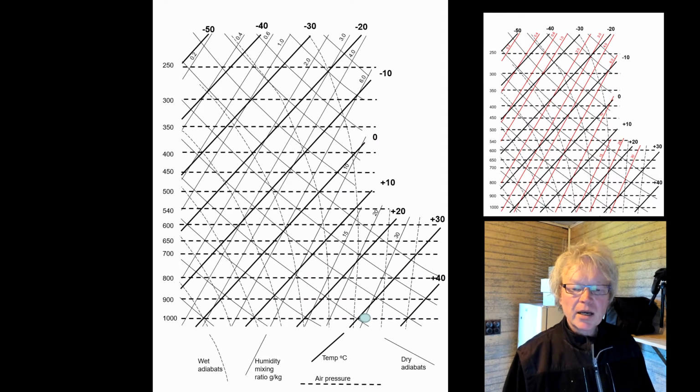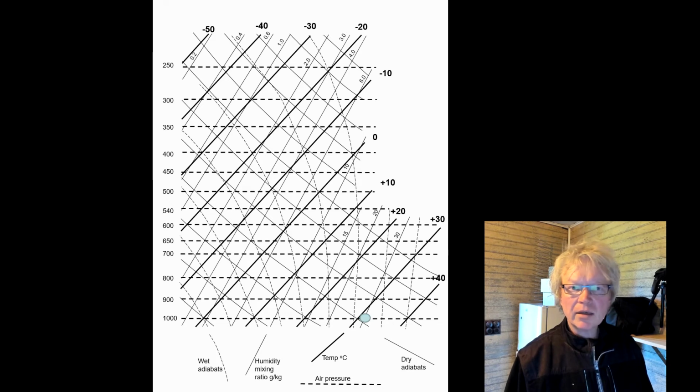So let's start off with an air parcel at 32 degrees. Remember, 32 degrees, we can read that off our temperature lines. And put on our dry adiabats and our saturated adiabats. And let's see what happens to an air parcel at 32 degrees.